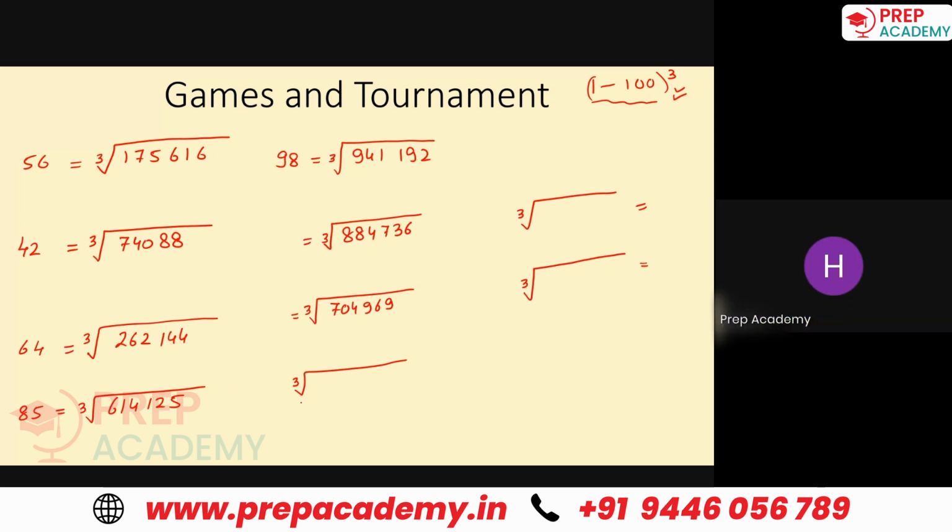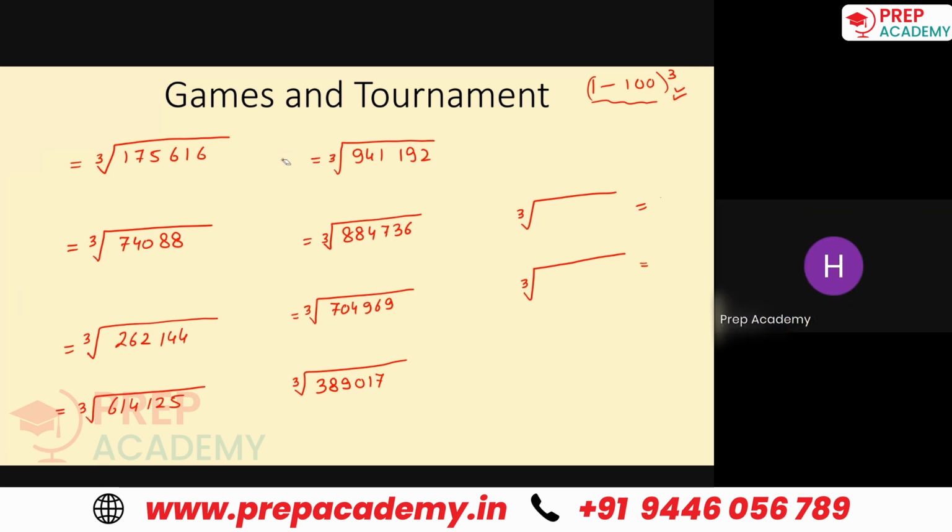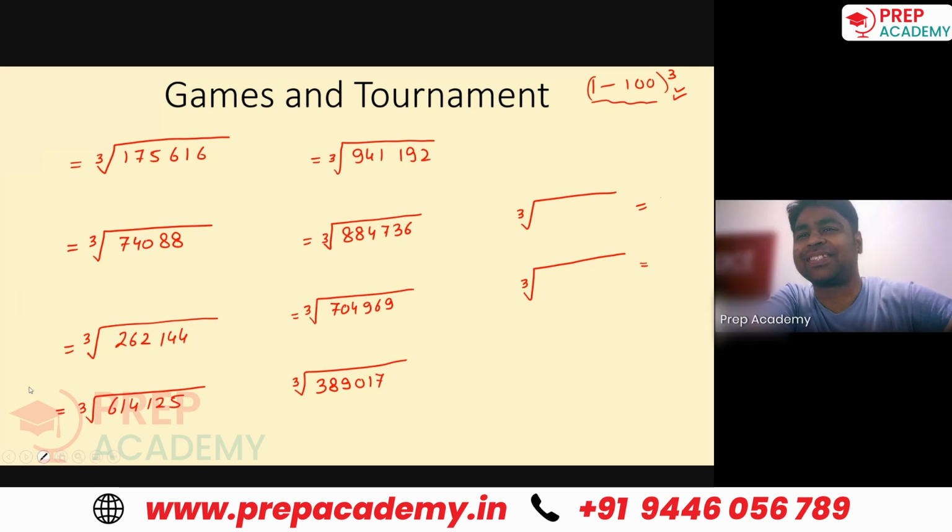Sir, 389017. 017. 7. Okay. So that would be 73, right? Yes, sir. Okay. Next. 125. 5. Yes, sir.